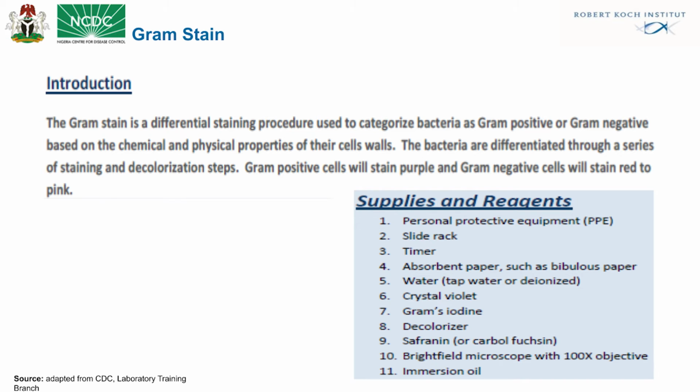For this procedure to be carried out, certain supplies and reagents are needed, and these include, but are not limited to, personal protective equipment, PPE, such as protective coats and hand gloves, the slide rack, timer, absorbent paper, a water source such as tap water or deionized water, crystal violet, which is the primary stain, Lugol's iodine, which takes the role of a mordant, the decolorizer, of which acetone is preferably used.